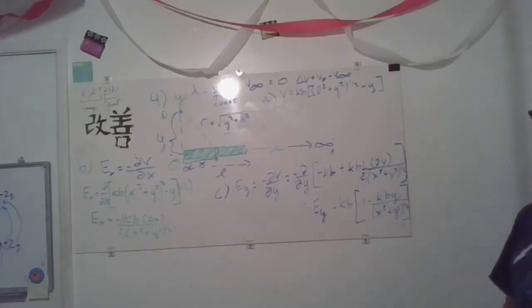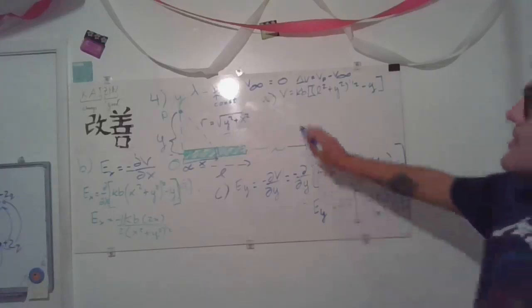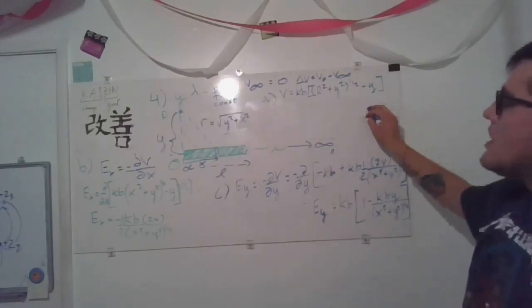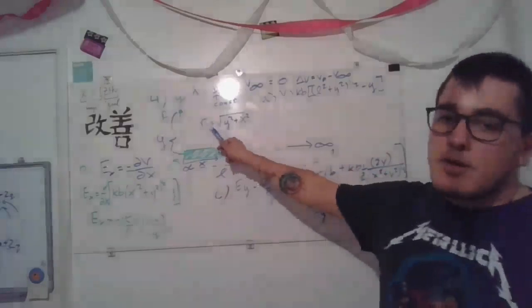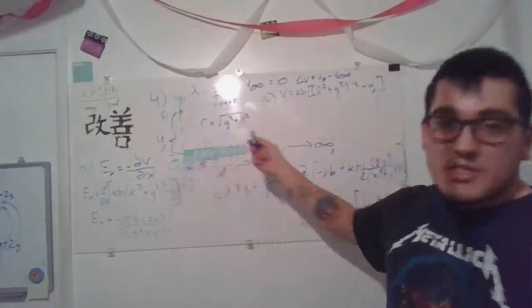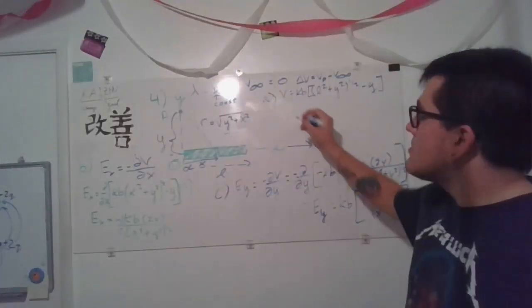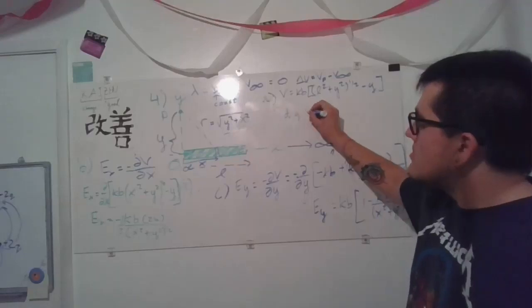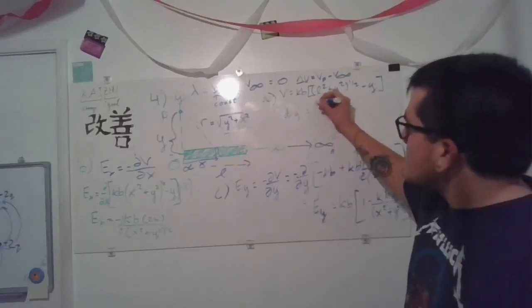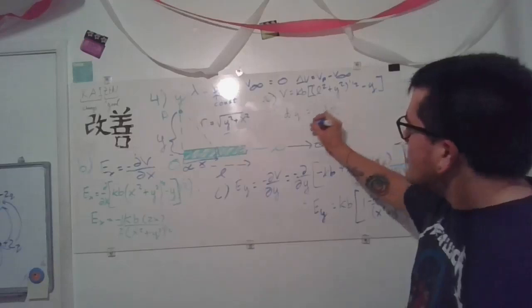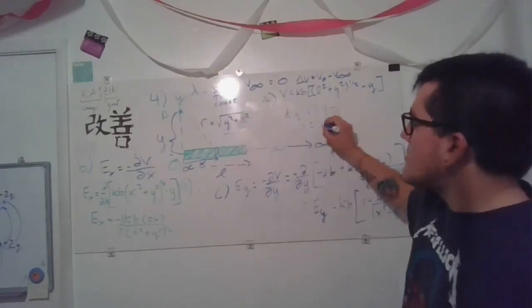So the key part in this problem was being able to find the potential. You have to identify R correctly. And then what is dq? You have to say what dq is. Remember, dq is just lambda dx. And then if we're given lambda, you have to type that in.